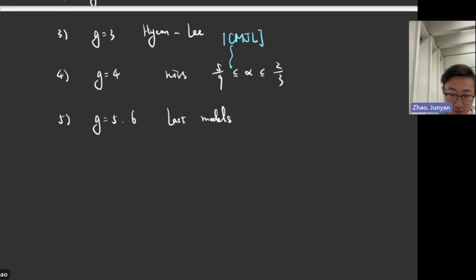For genus 5, this is given by Fedorchuk and David Smyth. And for genus 6, this is given by Müller. But we only know the last model.